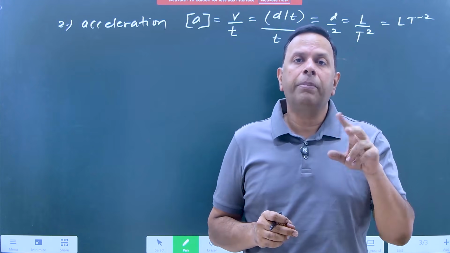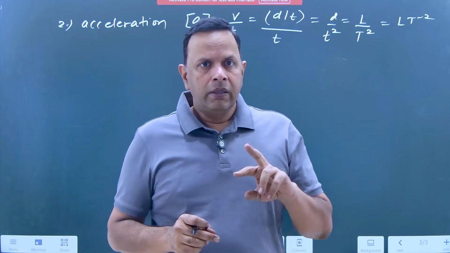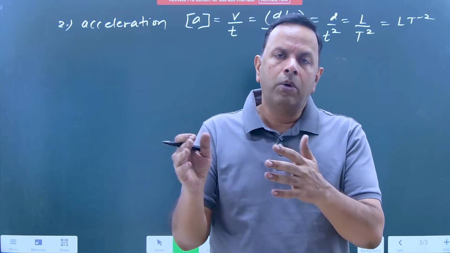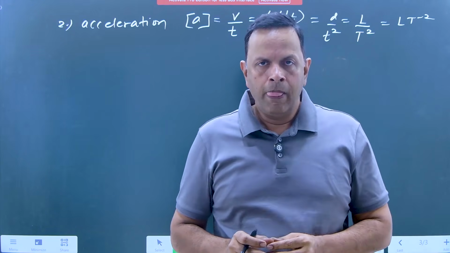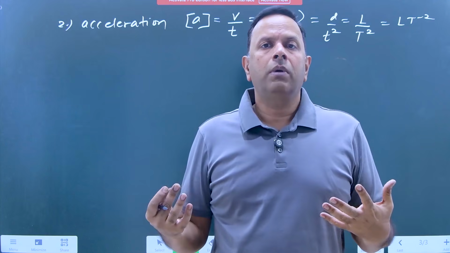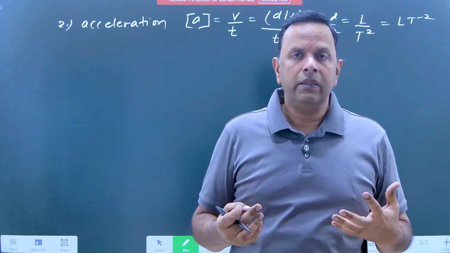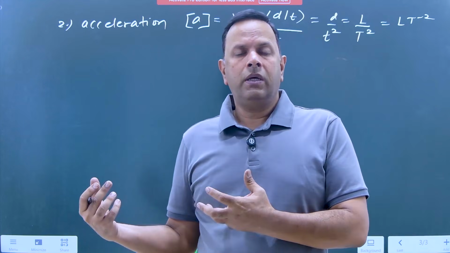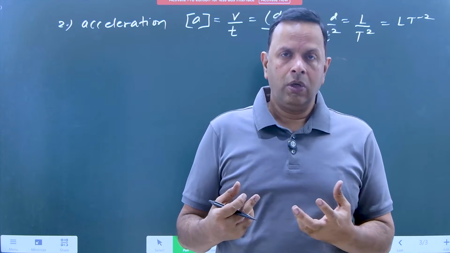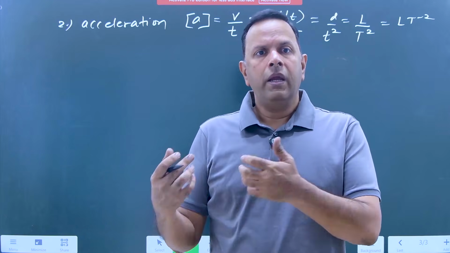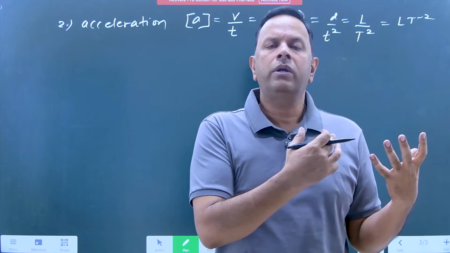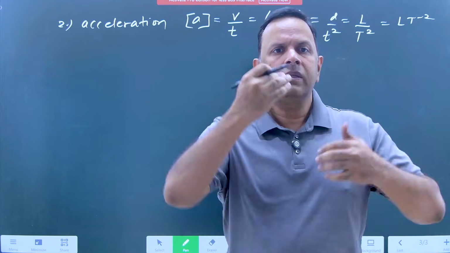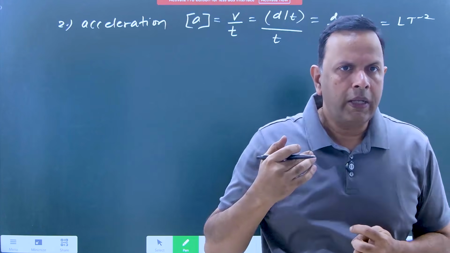So you could see that the powers were different. Since the powers are different, therefore I will say the dimensional formulas are also different. So now let us talk about what we mean by this dimensional formula. Dimensional formula is the expression of a derived quantity in terms of the fundamental quantity with their respective powers. Power means this index, whatever we are calling.